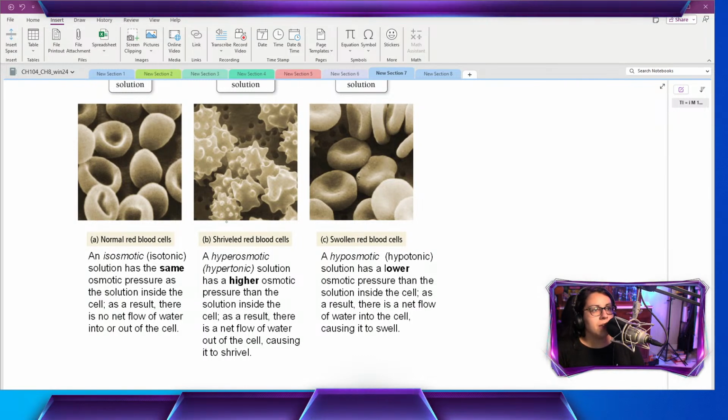If we have a hyperosmotic or hypertonic solution, then our solution has a higher osmotic pressure, aka there's more ions in solution. And so that means all the water flows out of the cells, trying to get the system back in equilibrium. And that would cause our little cell to shrivel. And so you can think about that, right?